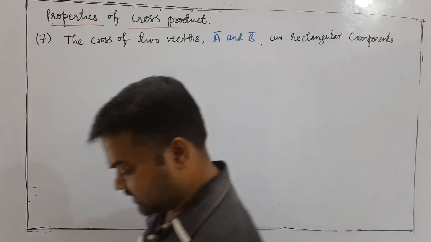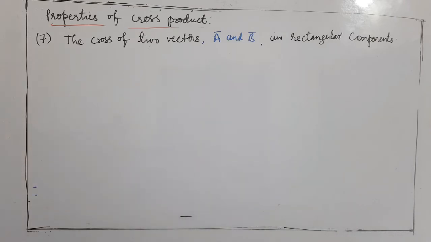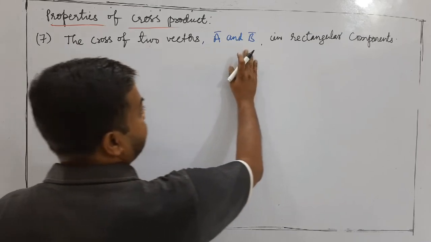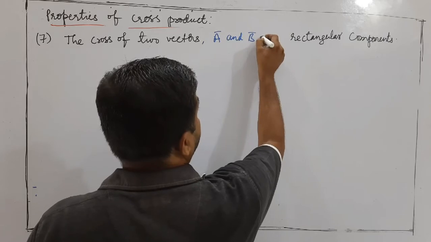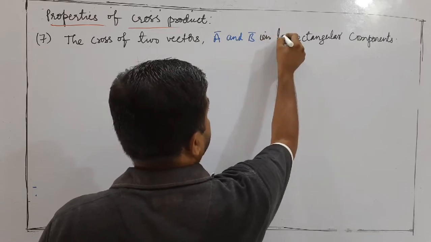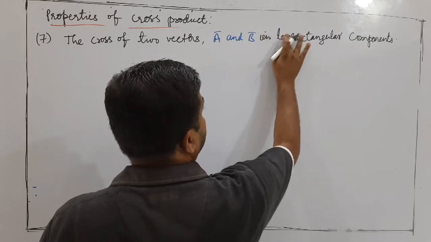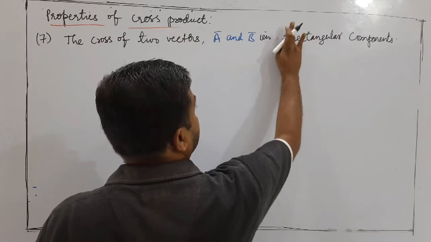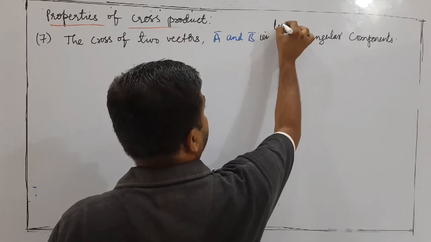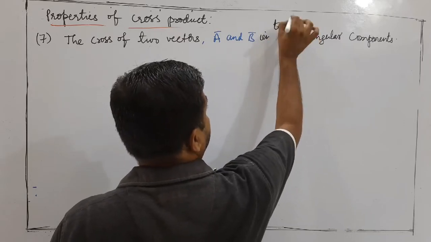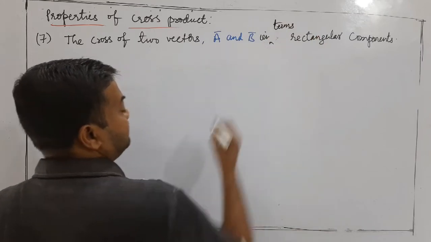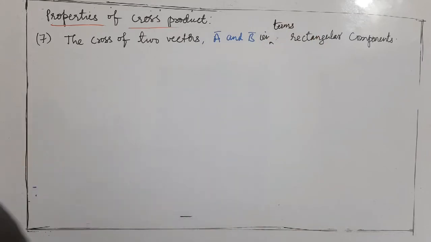Rectangular components. How we define rectangular components? The cross product of two vectors A bar and B bar in terms of rectangular components. Like this, we have to find out here.